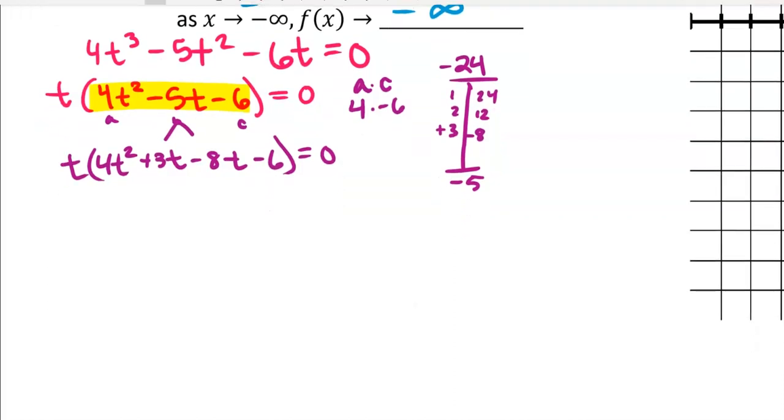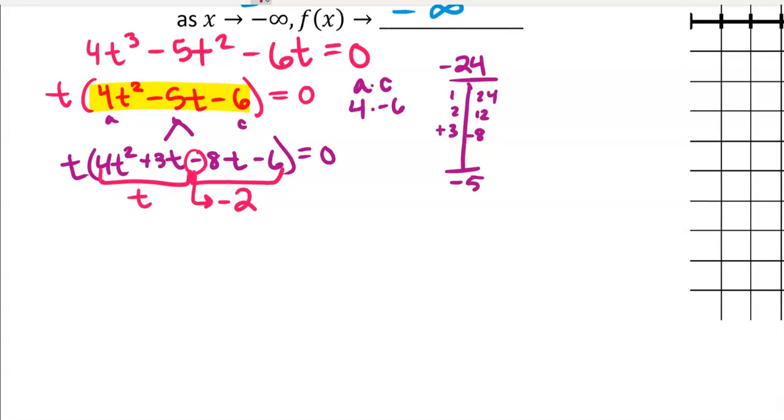Now, we have 4 terms on the inside, so we can go ahead and group them. What can we factor out from the first section, the first grouping? Well, we can only take out a t. From the second section, we have negative 8, so we got to factor out that negative. From 8 and 6, we can take out a 2.